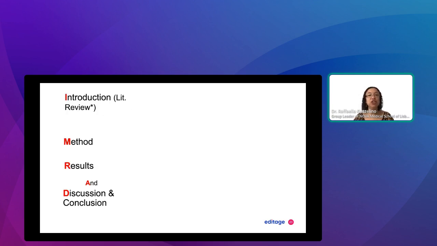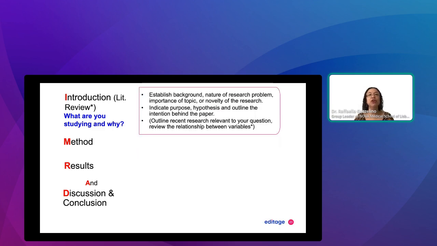So if we wanted to be a bit more specific and look at which questions every section is addressing, we know that the introduction is addressing what are you studying and why. So you need, in the introduction, to establish the background of your research, the nature of the research problem that you would like to address, how the topic is important, and which is the novelty that you are tackling.